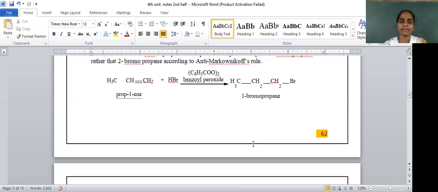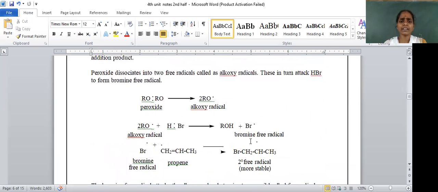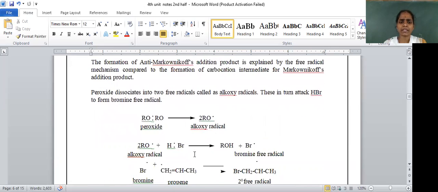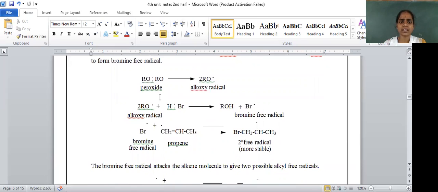So this gives 1-bromopropane. If you see the mechanism, in the presence of a peroxide, the peroxide undergoes cleavage to form an alkoxy radical. The alkoxy radical reacts with the hydrogen halide, which here is hydrogen bromide, forming ROH and liberating a bromine free radical. This bromine free radical is necessary to react with the propene.